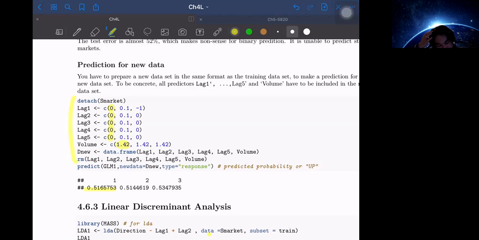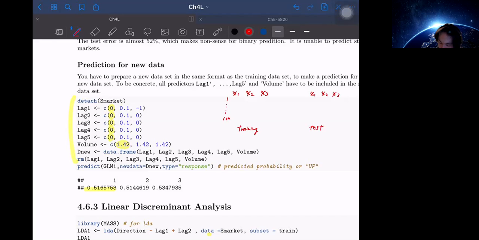The basic idea is that we have to prepare exactly the same structure as the training set. So if the training set has x1, x2, x3, and we have 100 observations, the test set should have exactly the same names, x1, x2, x3.